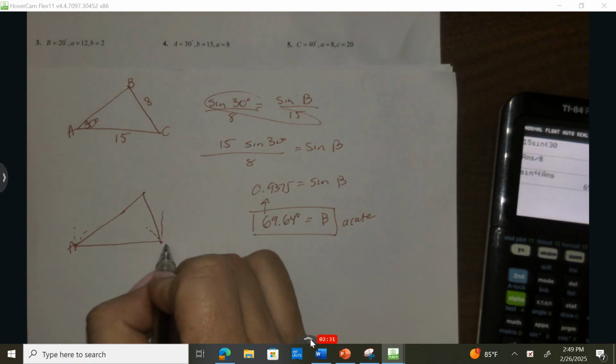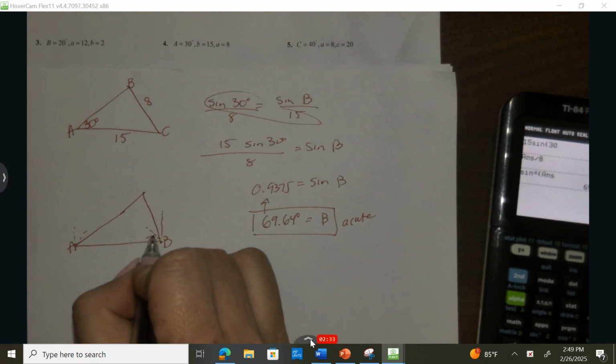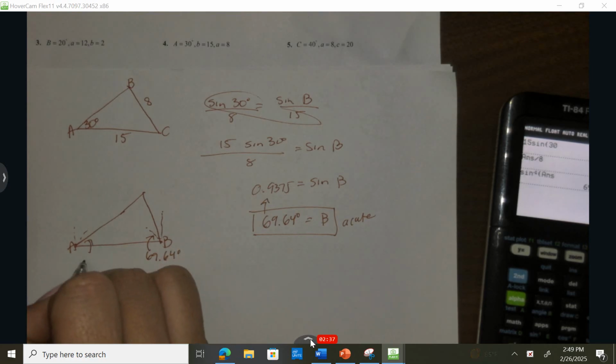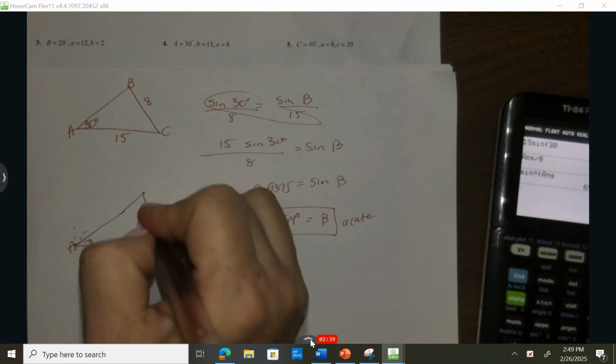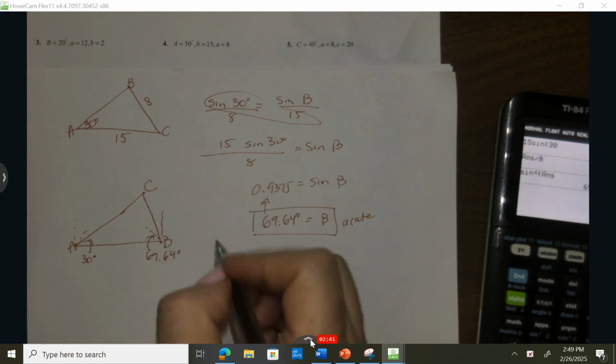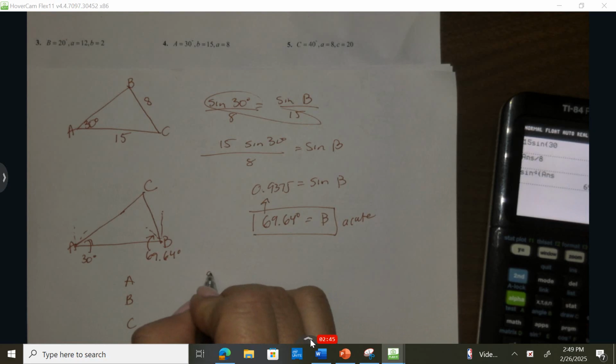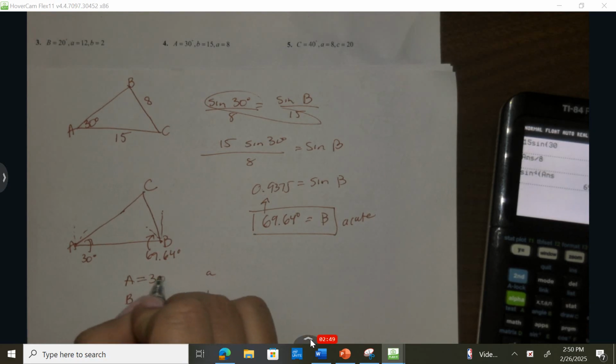This is going to be angle B, and so this angle is 69.64 degrees. This angle is 30 degrees as given information, and this is angle C. So let's do this first triangle. A, B, C, little a, little b, and little c. We know that this is 30 degrees. Now I had to round for B, and so it's 69.64.